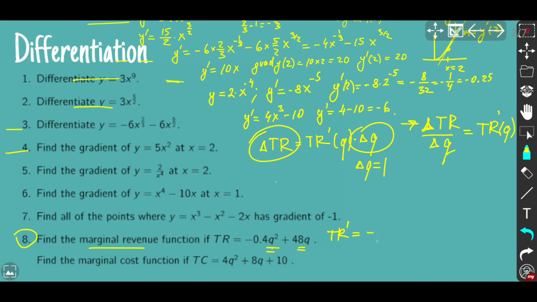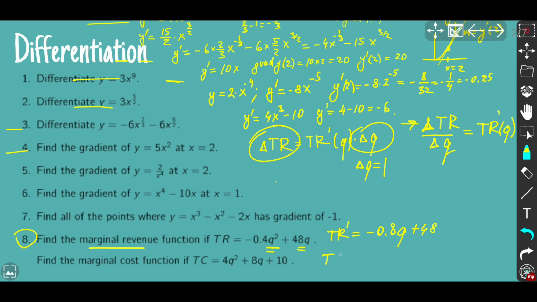So 2 goes before, it's negative 0.8 in total, if you multiply these 2 by 0.4, and Q, and plus 48. All right, and plus 48. That's going to be the marginal revenue when you simply take a derivative, and it indicates the gradient or rate of change in revenue.